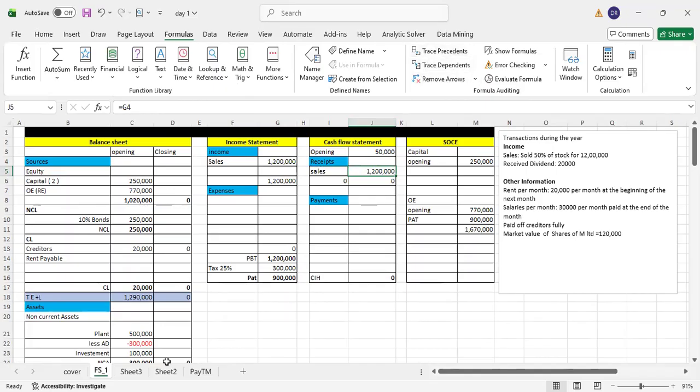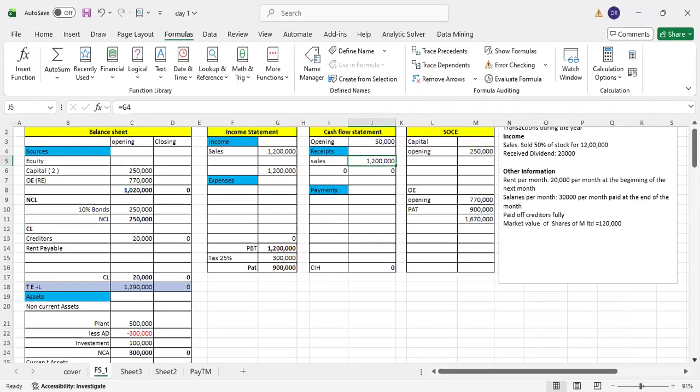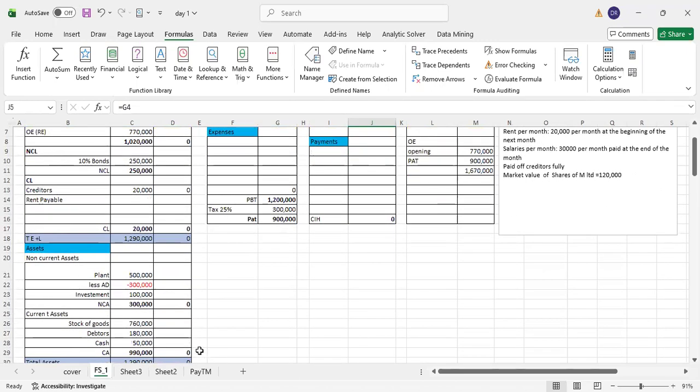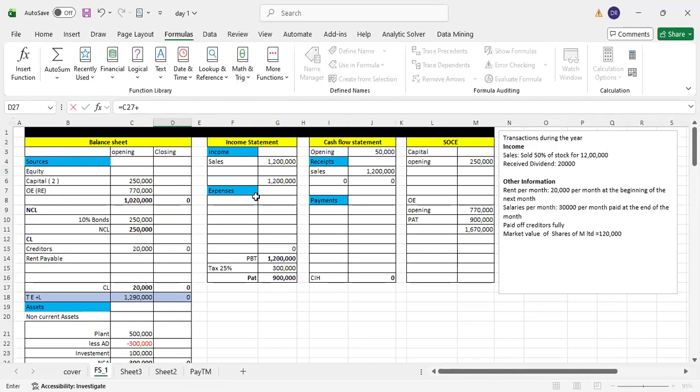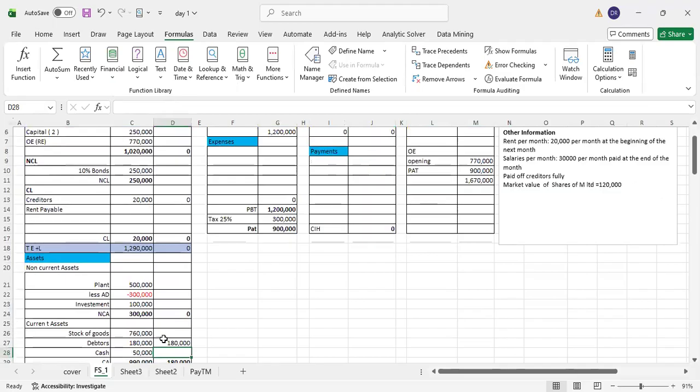So if it is a cash transaction, the entire sales is collected in the form of cash. Therefore, the debtors will not change during this period. Debtors is equal to opening debtors plus sales minus collections. So no change in the debtors.